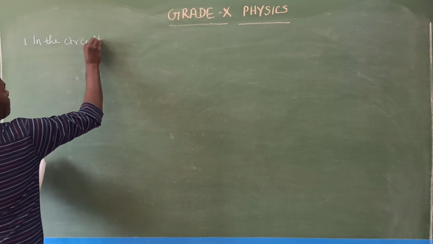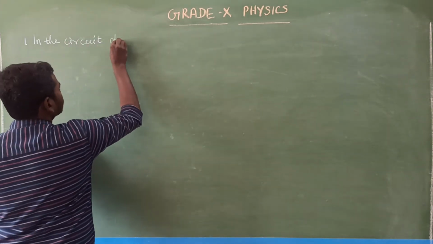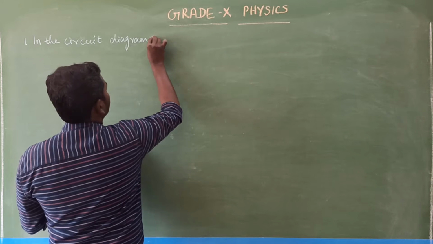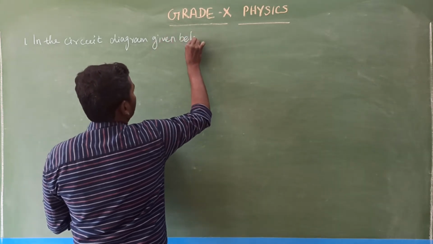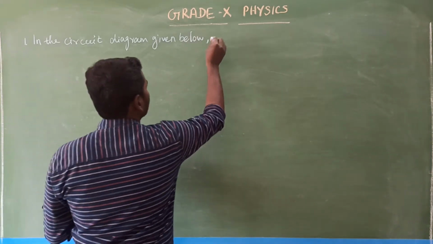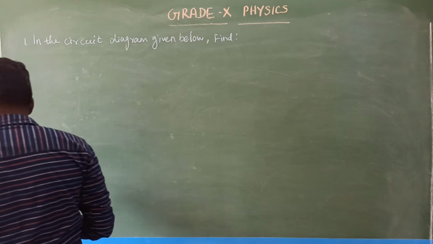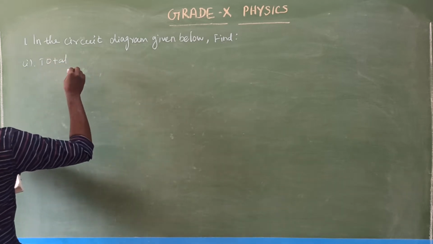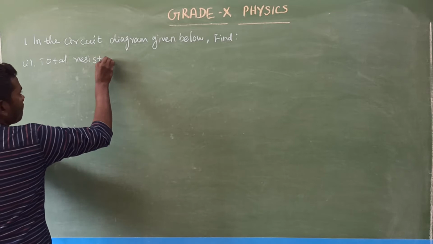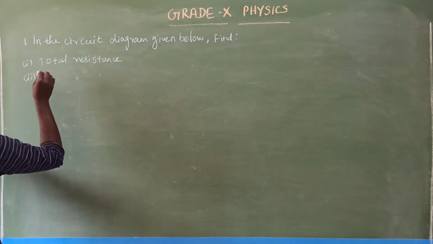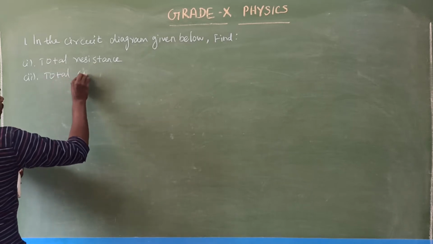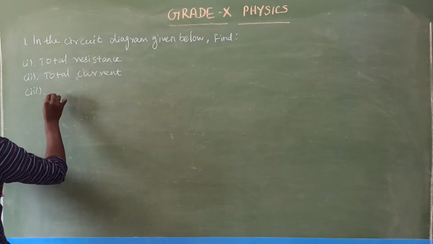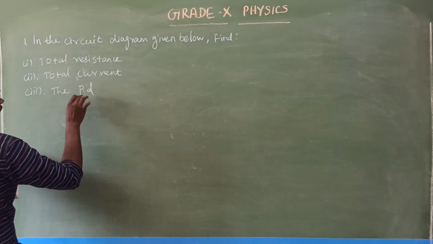In the circuit diagram given below, find the total resistance, and second one, the total current, and third one, the potential difference (PD), which means potential difference.